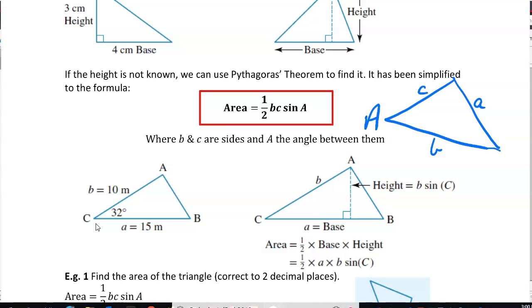So like that, okay? So that is angle A, all right?